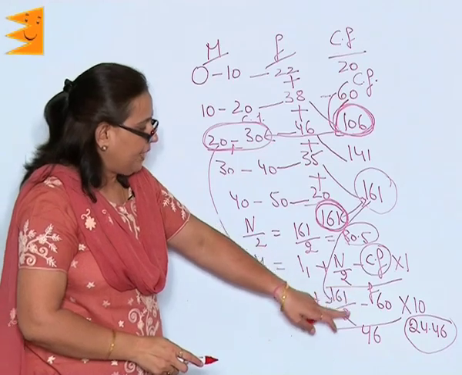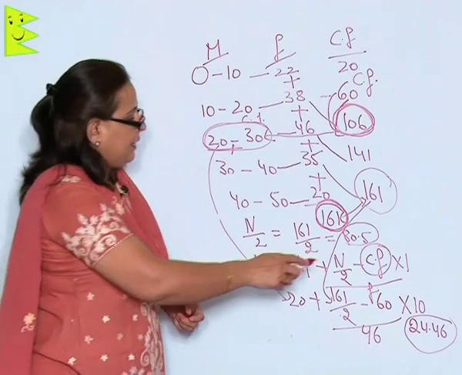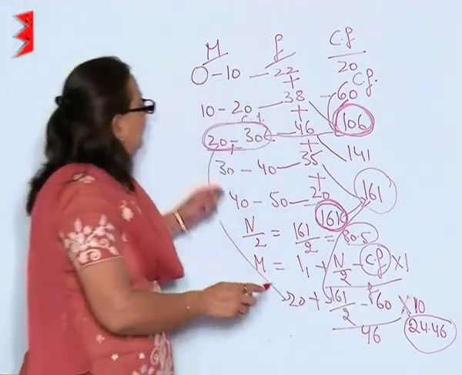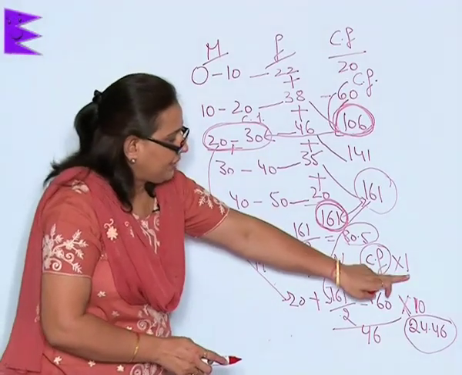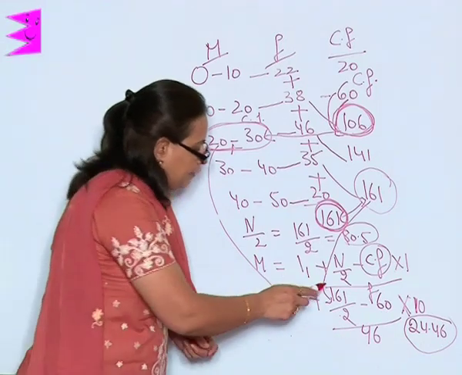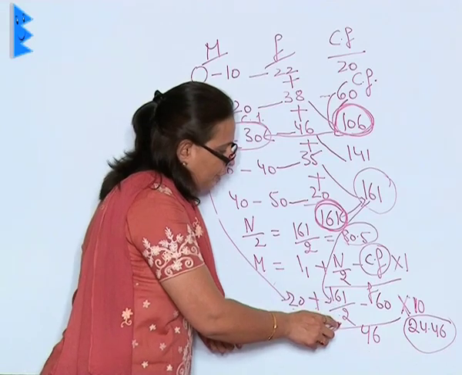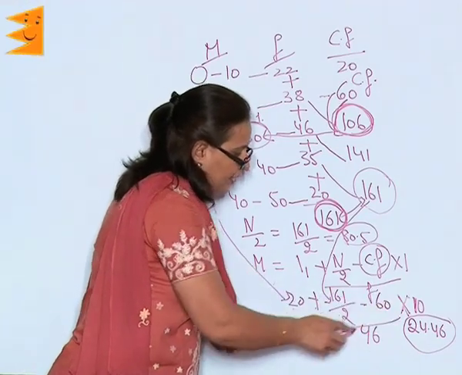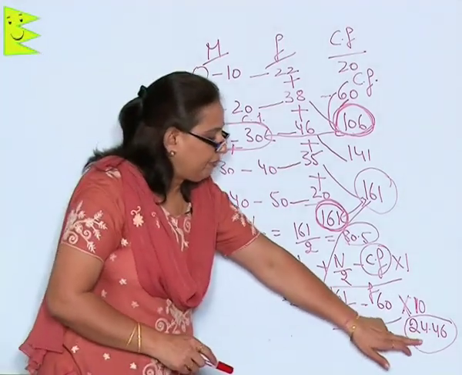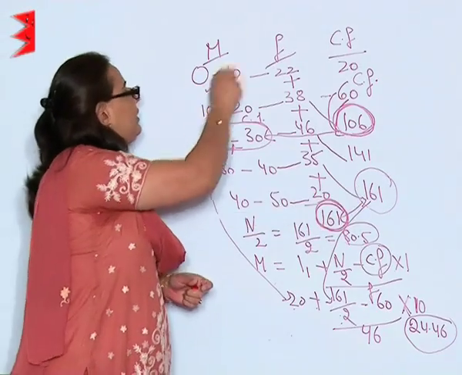So this will be minus 60, upon 46, multiplied by 10, that is the class interval. So 20 plus (161 upon 2 minus 60) into 10 upon 46 gives 24.46. This shall be the median of the continuous series.